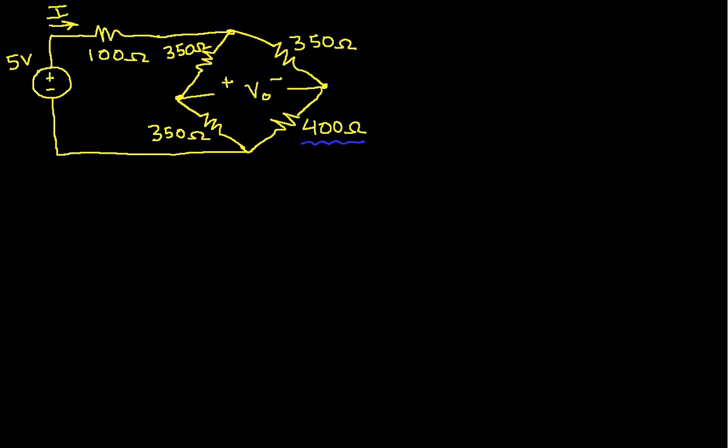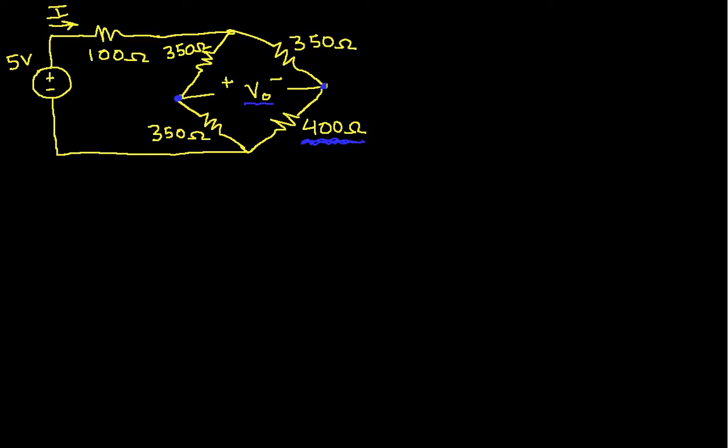I put it in this circuit with three 350 ohm resistors, and I do that because the voltage between this node and this node will be a fairly straightforward function. Well, you can linearize it to have a good approximation of the resistance, in this case the 400 ohms, that represents my sensor. So this is a model that's used quite often when you're dealing with these sensors.